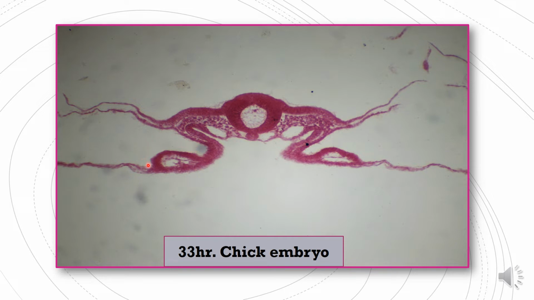In these sections you can see part of the neck region of the C shape of the embryo. You can see these are the two limbs of the heart, a U shape of the heart tube.